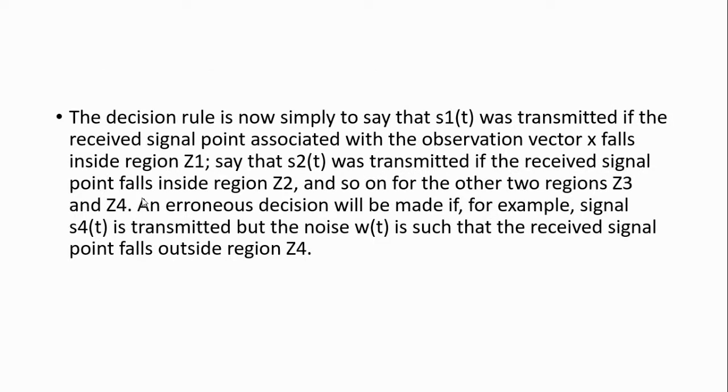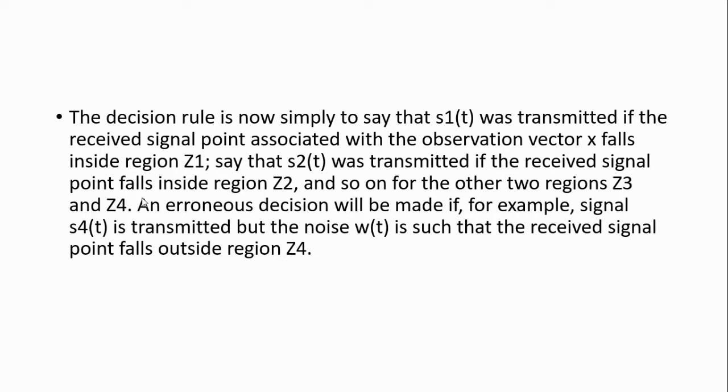The decision rule of the receiver is: s1(t) is decided as transmitted if the received signal point falls in the region Z1. If the received signal point falls inside the region Z2, the receiver decides s2(t).